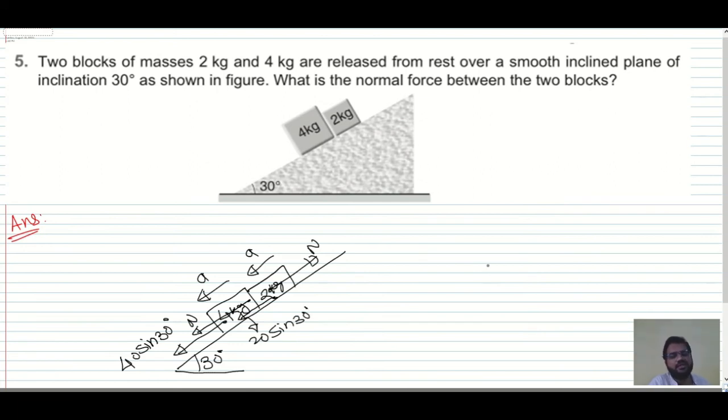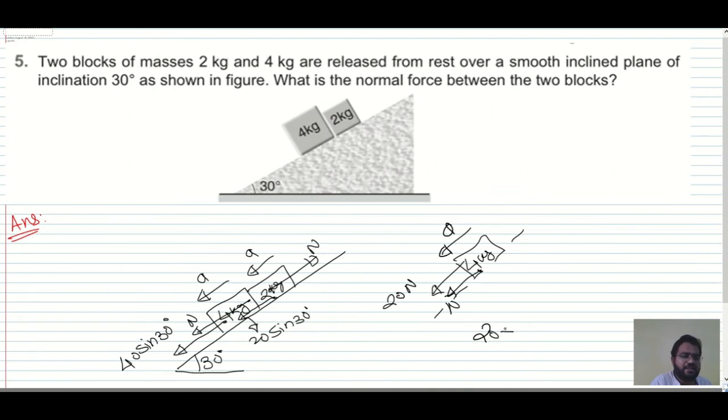Now if you just draw it separately, this 4 kg block has 40 sine 30 degree, which is 20 Newton force, and normal reaction is N, and acceleration we have is A.